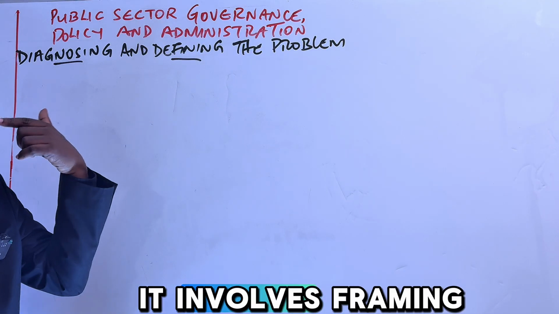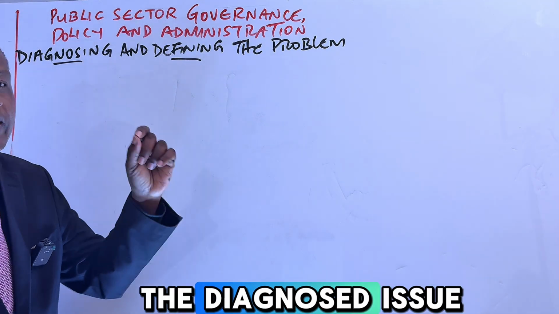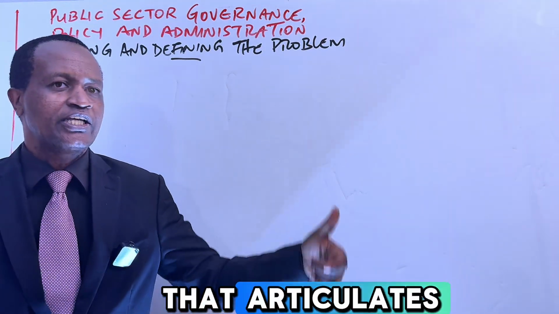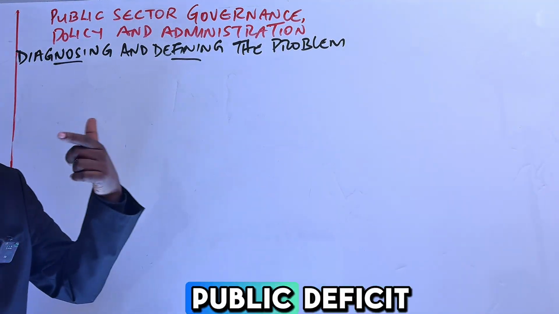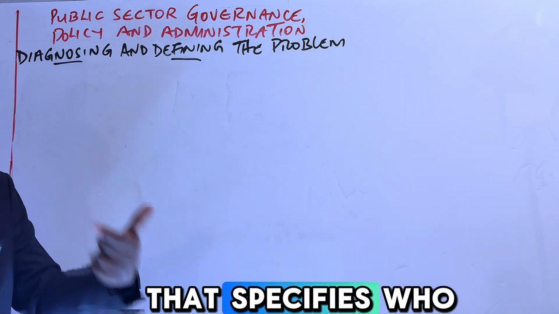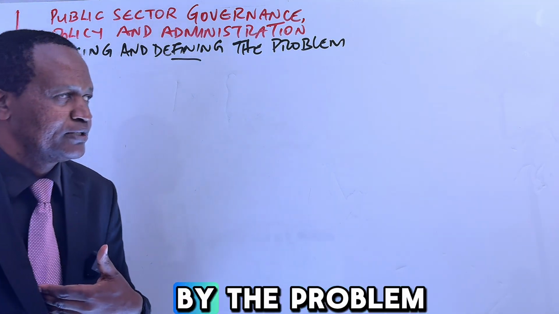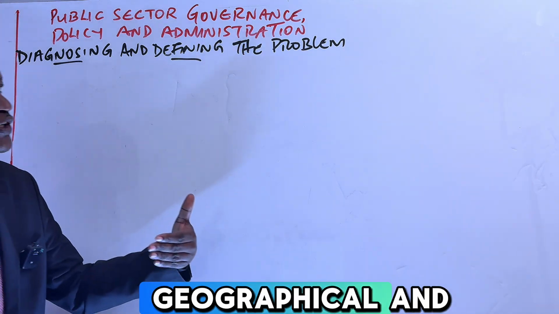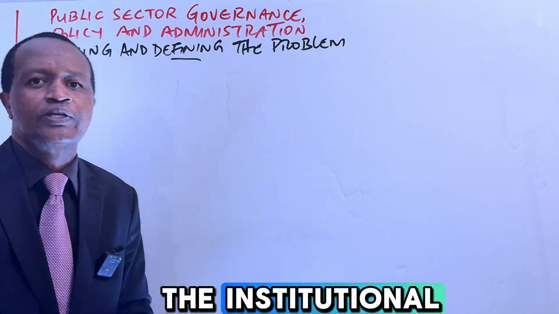It involves framing the diagnosed issue into a precise statement that articulates the core public deficit, that specifies who is affected by the problem. Definition also identifies the geographical and the institutional scope.